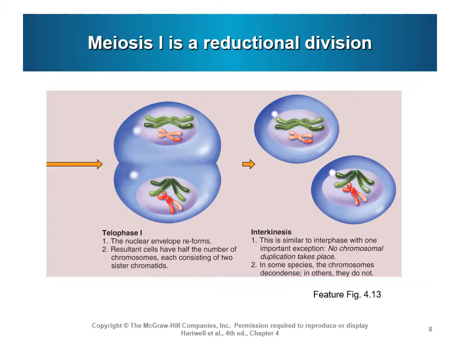And then there is interkinesis, which is very similar to interphase with one important exception. There is no chromosomal duplication taking place here. In some species, the chromosomes decondense. In others, they do not.